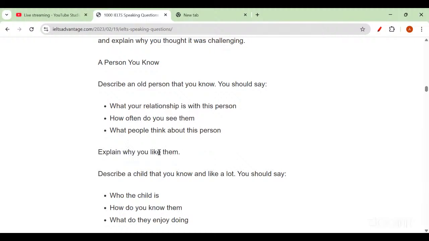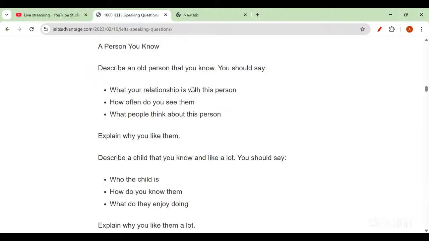You can say at the start of your speaking, like, the old person that I know personally is my grandfather, because I like him very much because of the characteristics that they have. There are too many characteristics, but I like some the most, and you can continue with that.